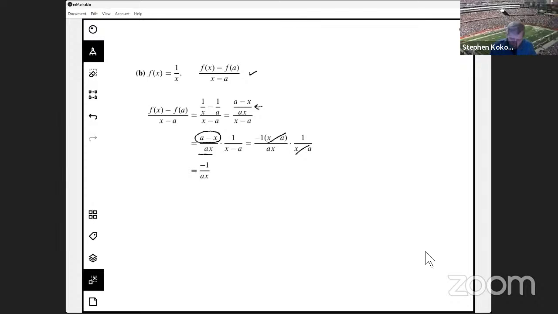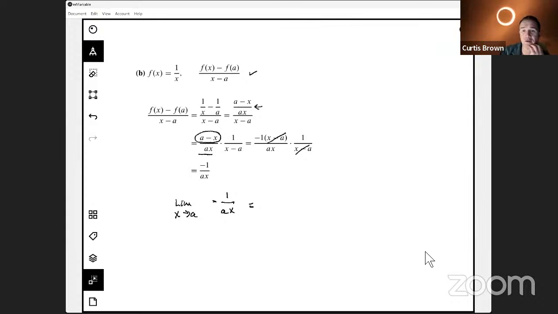And I have a question for you, Curtis. I'm going to take the limit as x goes to a of this expression, minus 1 divided by ax. How do I take that limit, and what's the answer there? Well, it should approach 1 over x squared, right? Or a, yeah, 1 over a squared, I guess.